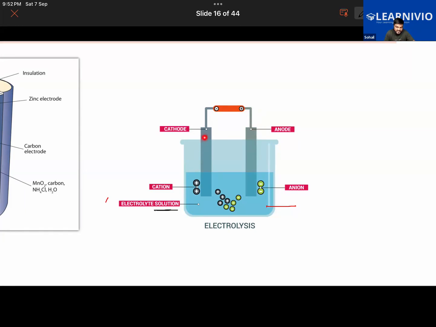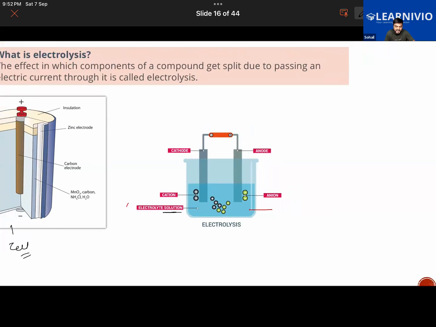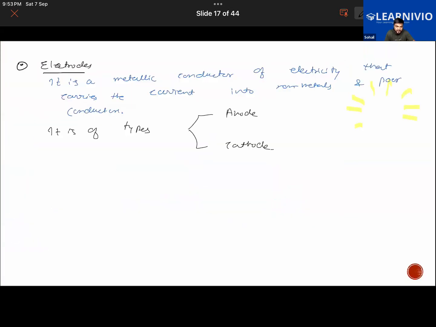While the cathode is connected to the negative terminal of the battery, hence it becomes negatively charged. Got this, all of you? Yes. Anode is connected to the positive terminal of the battery, while this one is connected to the negative terminal.